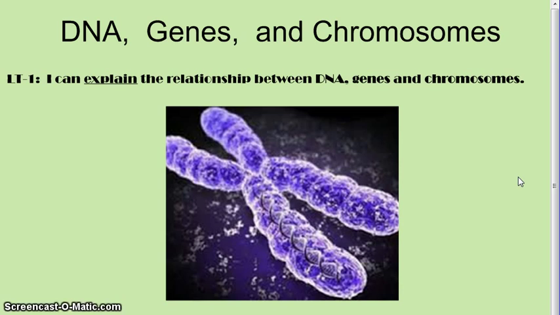Nucleic acids, more commonly known to you right now as DNA, although you'll learn about more of them as we go through the trimester, are important for understanding the rest of the units that we're going to be covering. So you'll want to get a good handle on this right now.